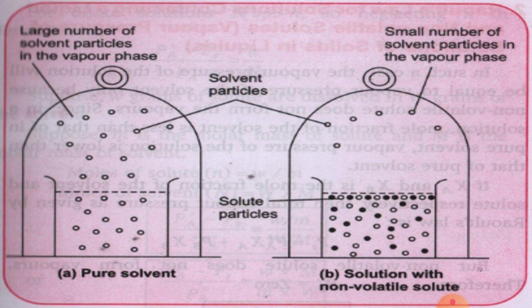But in case of solution, look at the diagram, the surface molecules are covered by some solute particles that decrease the surface area of water molecules, and that's why the escaping tendency of these solvent molecules or water molecules decreases, and hence a small number of solvent particles in the vapor phase is seen in the diagram.